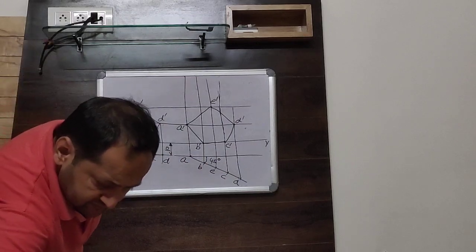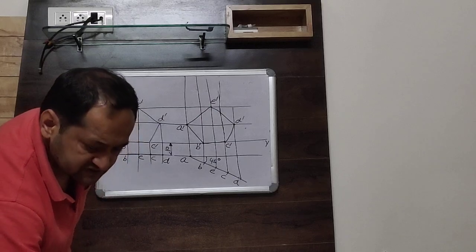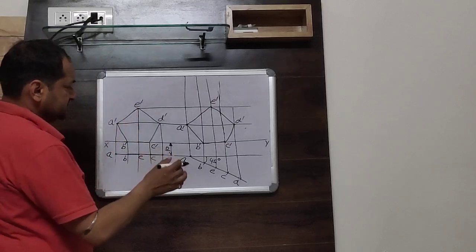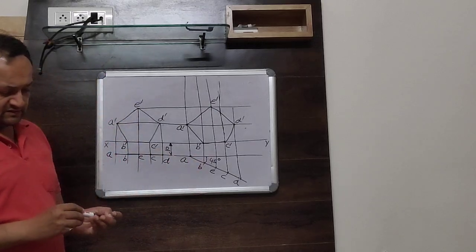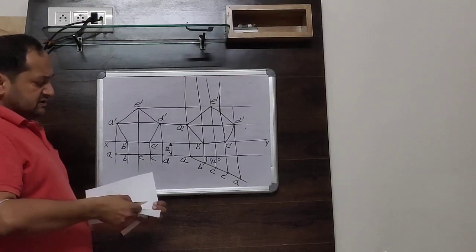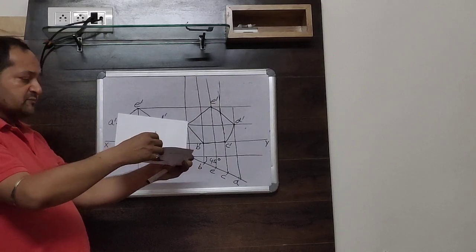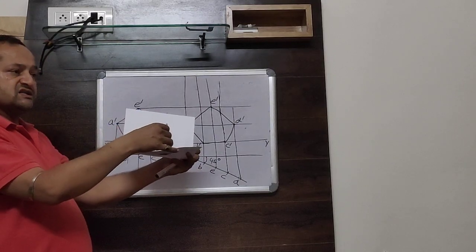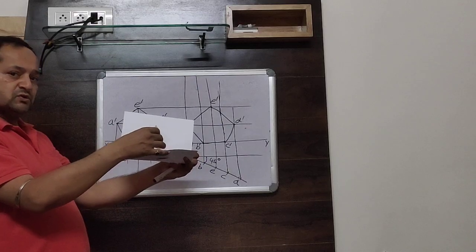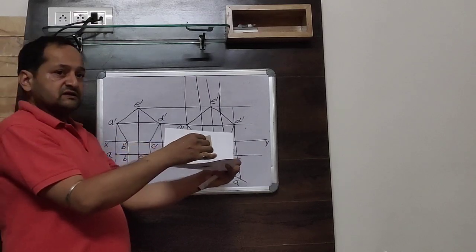In the question, what is again asked? Draw the projection of the pentagon and show its traces. We have already discussed that if we extend the plane to where it meets the HP or VP, those points are called traces.